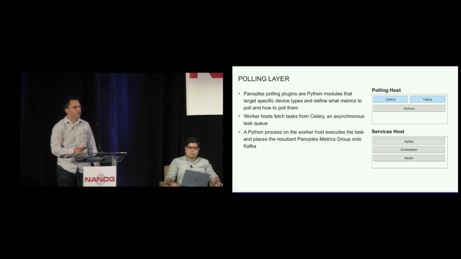Within the module's code, we specify how to pull telemetry from that device. Python has emerged as the lingua franca of the network automation world, so we have ample open source libraries to use in our polling plugins, everything from SNMP engines to vendor-specific clients.